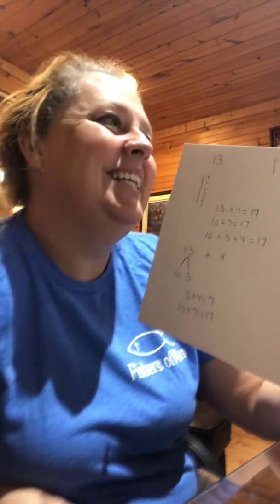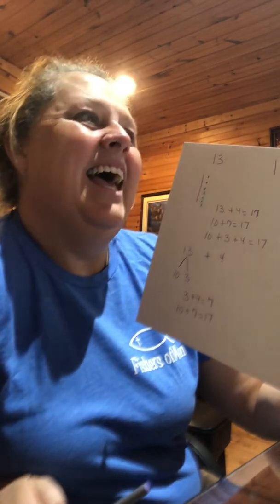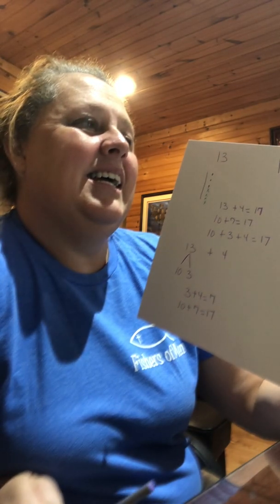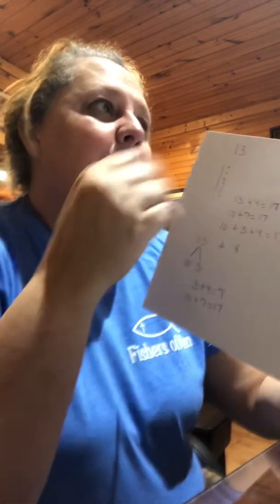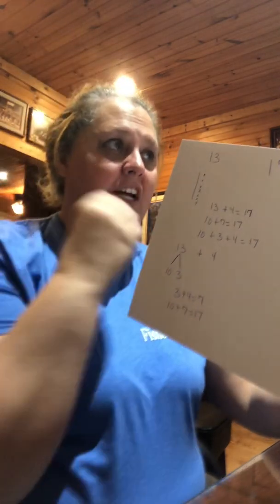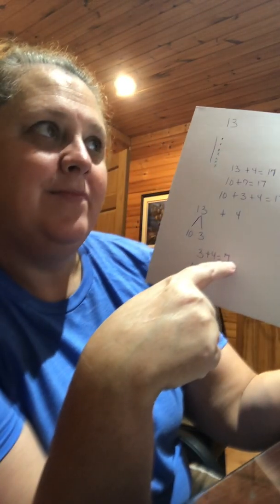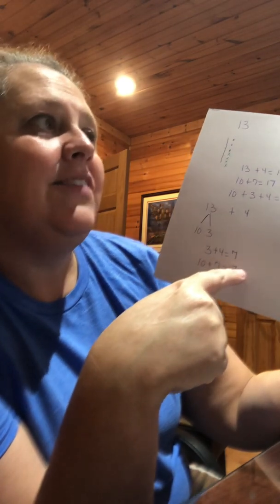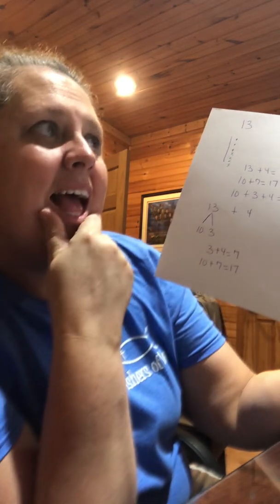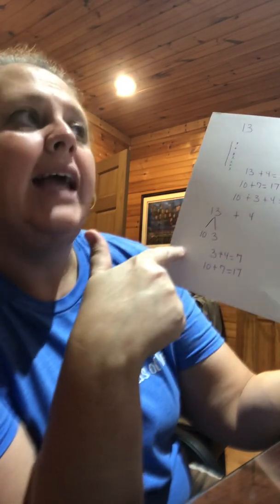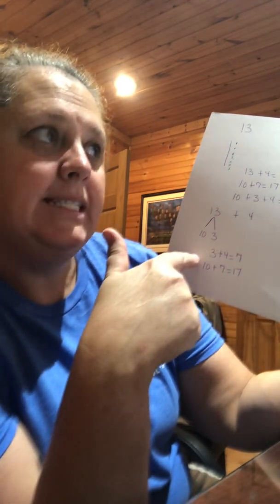We're going to use a different color. So we added 3 and 4 equals 7. And then I added 10 and 7 and got 17. And then we wrote our number sentences, how we got it, right?